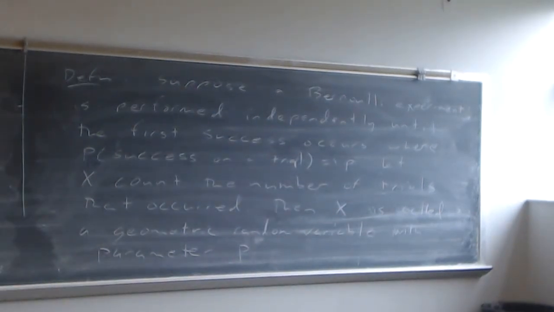Let's talk about the characteristics of the geometric random variable. We're thinking here that p is non-zero.